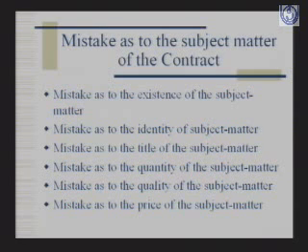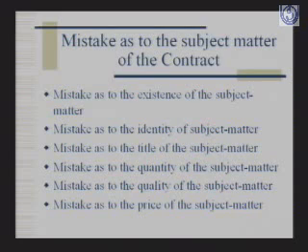Now we take up in what circumstances the mistake of fact may arise. Mistake of fact may relate to the subject matter of the contract. Subject matter of the contract means what? Subject matter of the contract means the thing, the matter, the exact solid thing about which you want to enter into a contract.